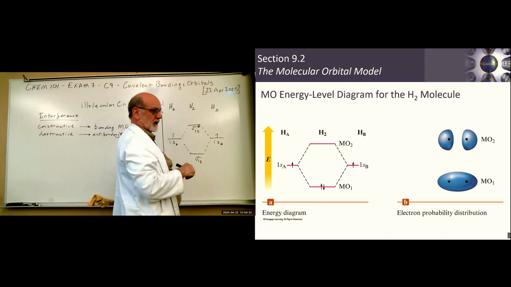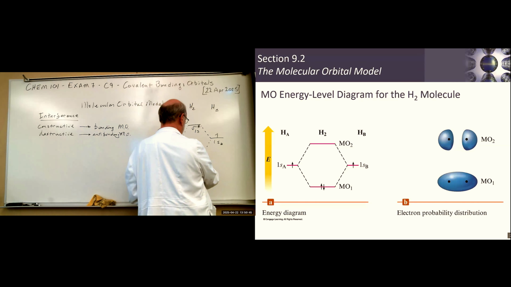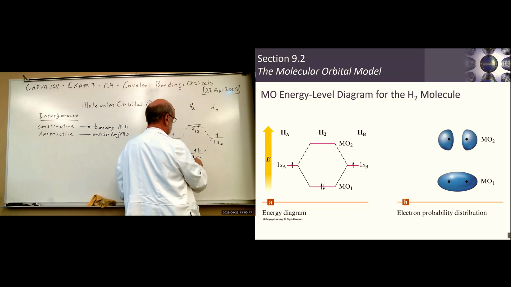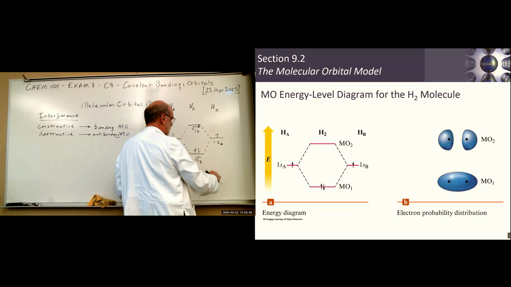So we use, not Hund's rule, the Aufbau principle, where the electrons go into the next available lowest energy state as we fill them up. And the lowest energy state here is that one, which can hold 2 electrons. So both of these electrons go into the bonding orbital and none go into the anti-bonding. Okay, that's good.